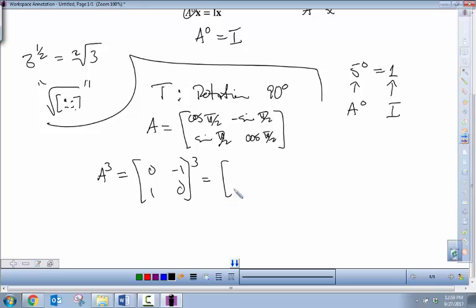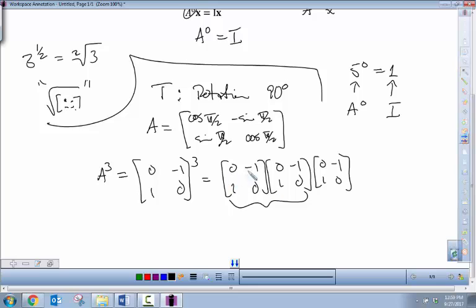Let's do this: 0, negative 1, 1, 0, times 0, negative 1, 1, 0, times 0, negative 1, 1, 0. I'm glad I did pi over 2 instead of pi over 4 because I'd have all the square roots and stuff. Of course, you can factor them out too, but we should have done that so we can practice factoring things out. Anyways, let's do this 2 at a time. Remember how to multiply matrices.